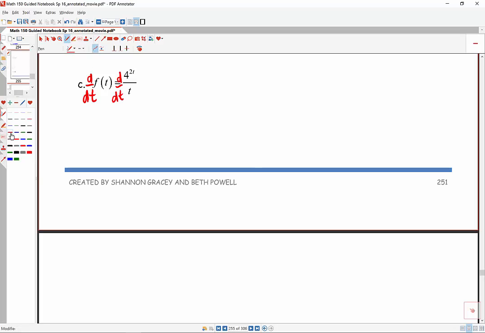And then on the left, we'll have f prime at t is equal to. So I'll just use the quotient rule.